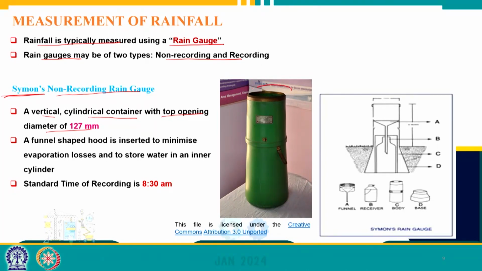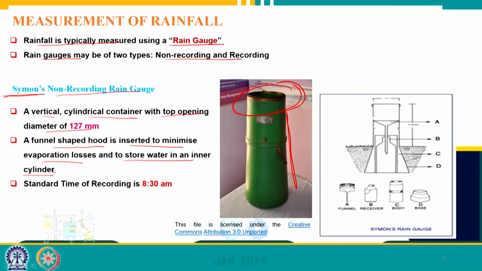As you can see here, it is a vertical container and it has a top opening, and the recommended diameter is 127 millimeters, and a funnel-shaped hood is inserted to minimize evaporation losses and to store water in an inner cylinder.